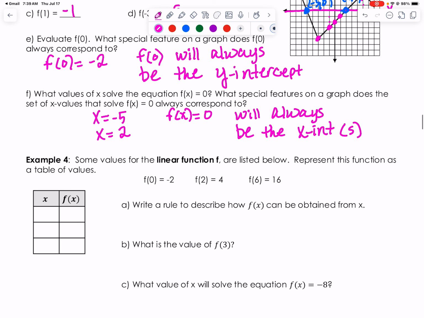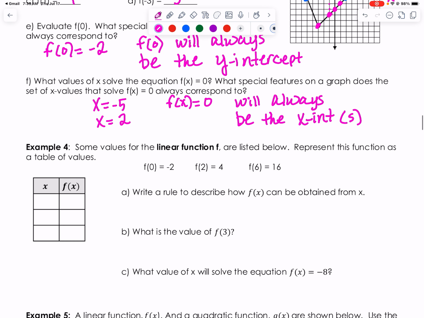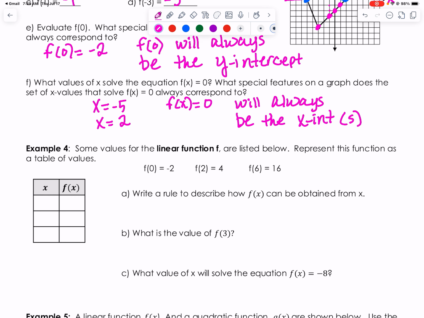In example 4, it says some values for the linear function f are listed below. Represent this function as a table of values. So we have f of 0 is equal to negative 2, f of 2 is equal to 4, and f of 6 is equal to 16. So what this is saying is that if you put 0 into the function, you're going to get out a negative 2.